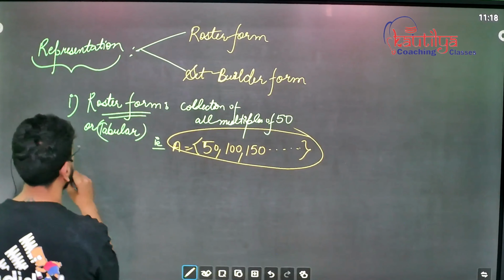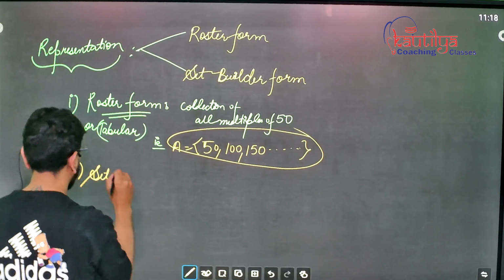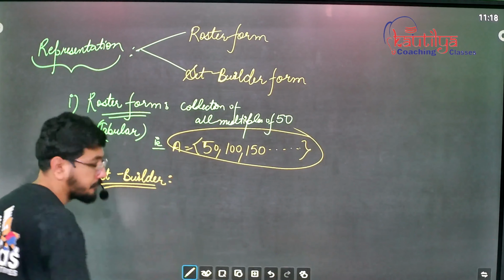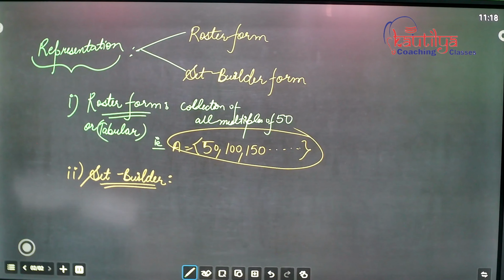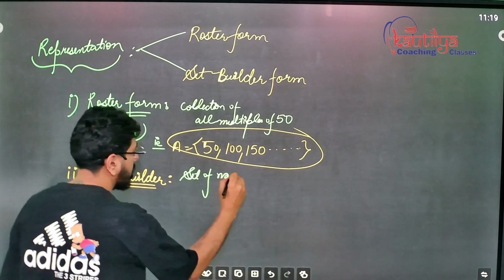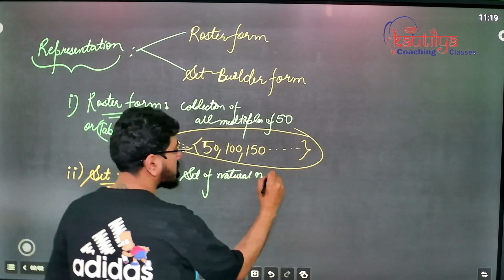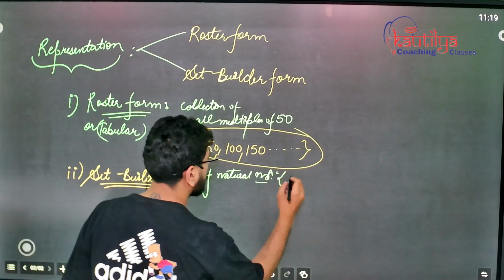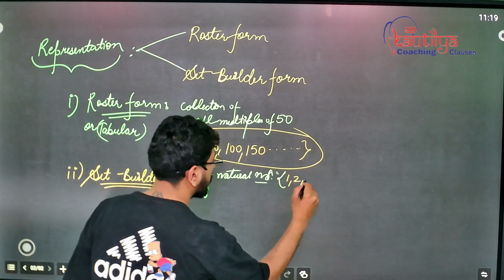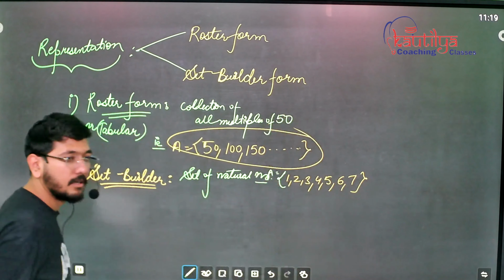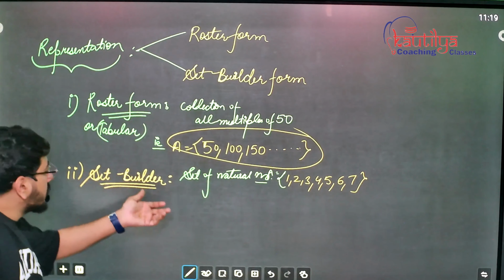Now moving on to the set builder form. Let's take an example: 1, 2, 3, 4, 5, 6 and 7, the set of natural numbers. This is the common example for the set builder. A is equal to 1, 2, 3, 4, 5, 6 and 7. It means 7 is also included in the natural numbers.